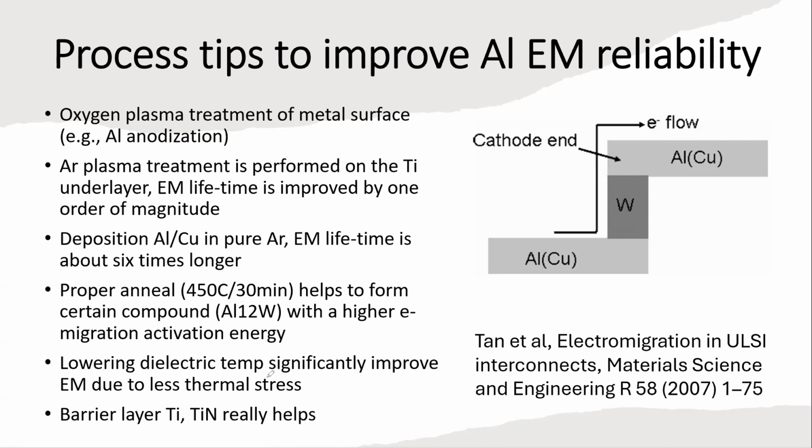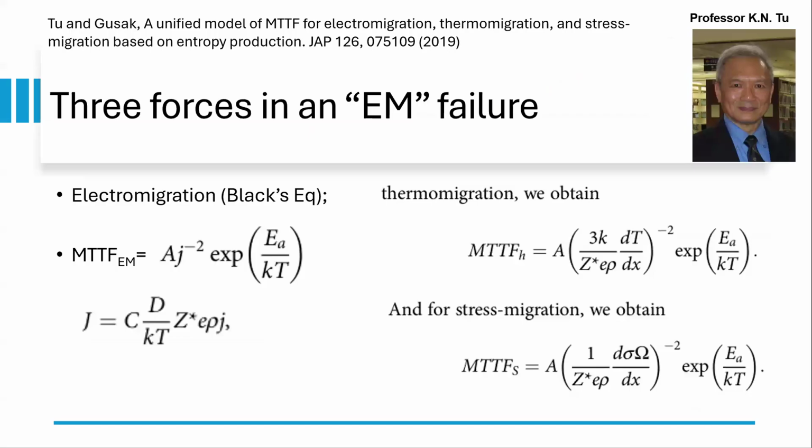Or lowering the dielectric temperature. Wow, that's interesting. Here there's a lot of dielectric, the insulator. If you lower the dielectric temperature, the resulting thermal stress will be less. That's what's been found in this example. That helps your electromigration because there's less thermal stress. Remember, we keep mentioning the three forces at work in the electromigration failure.